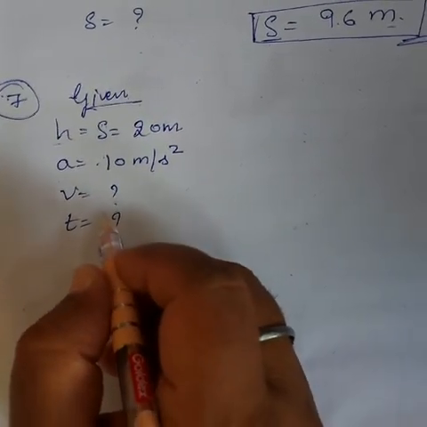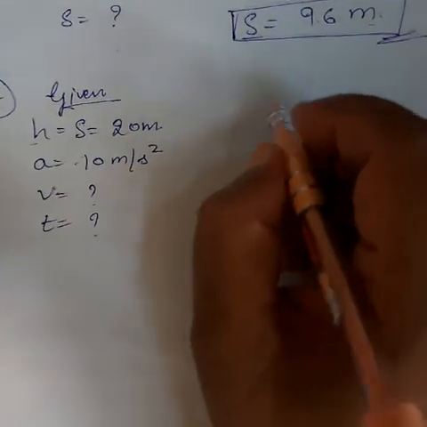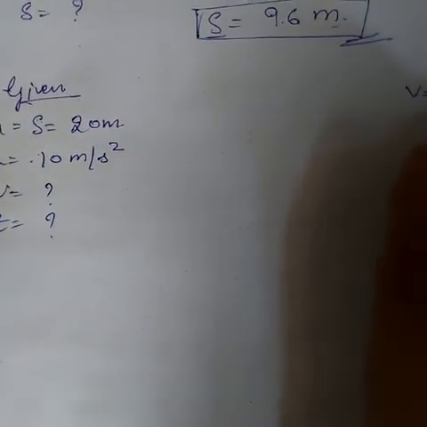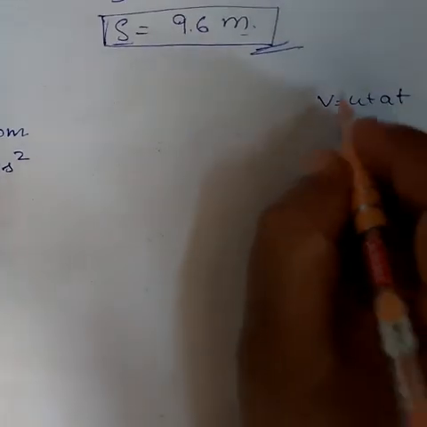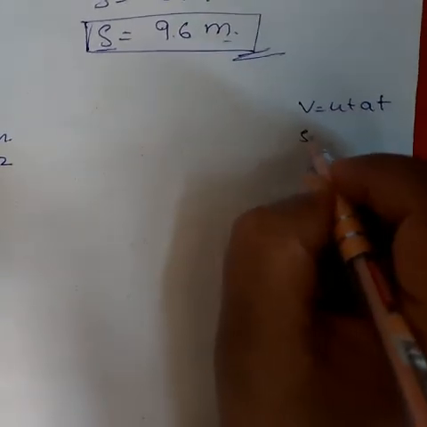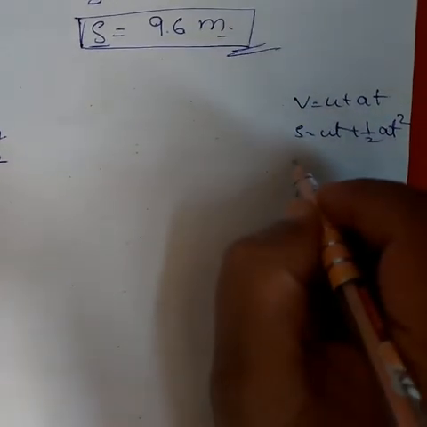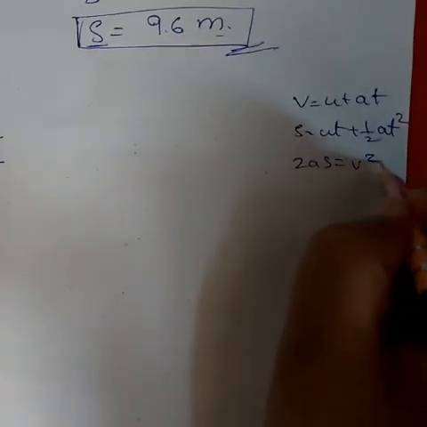Now we apply a formula. Which formula do we apply? You write down the 3 formulas if you are confused. v is equal to u plus at, s is equal to ut plus half at square, and the last is 2as is equal to v square minus u square.